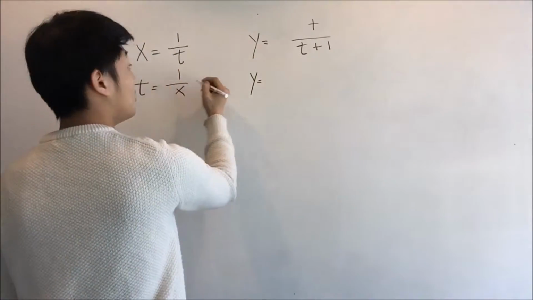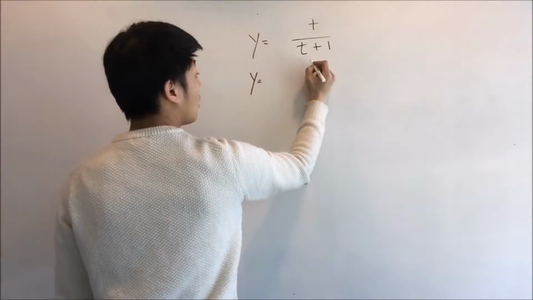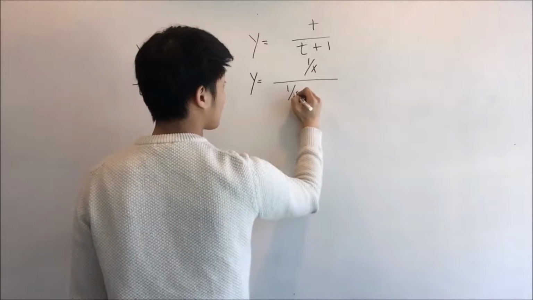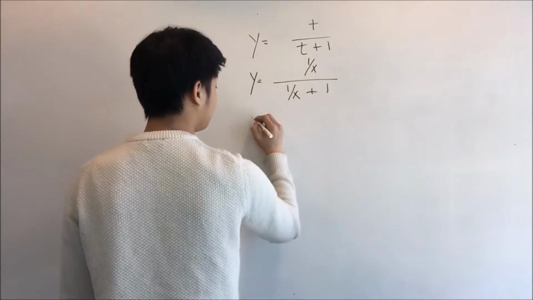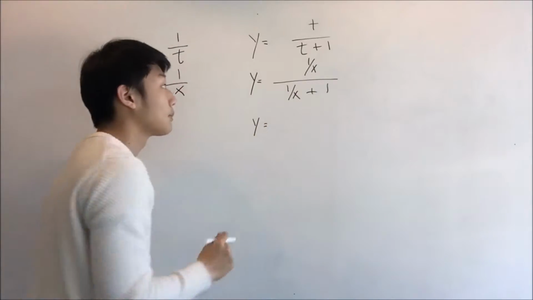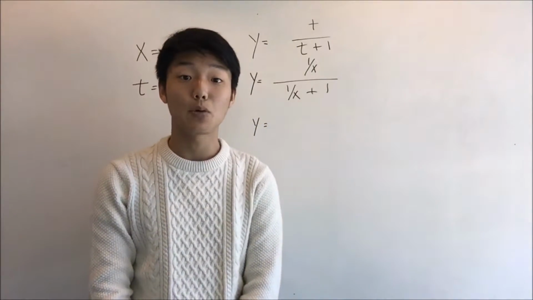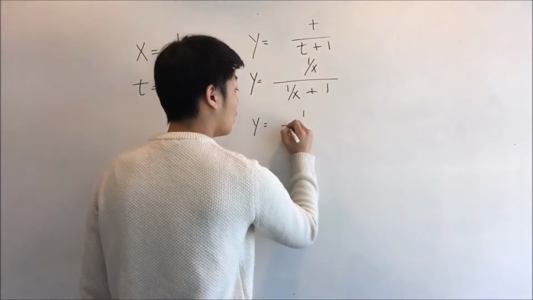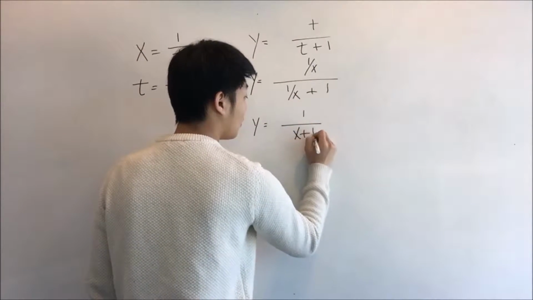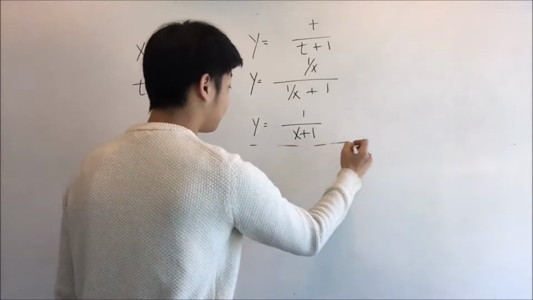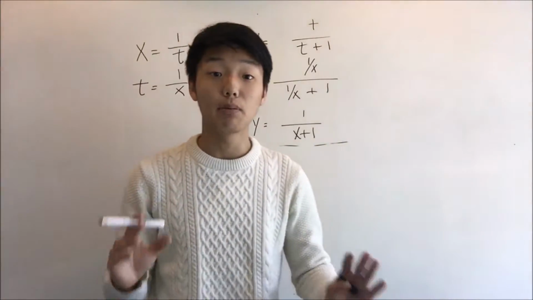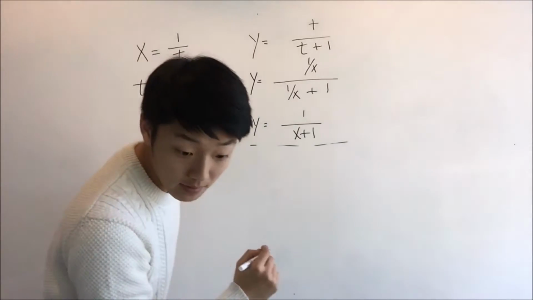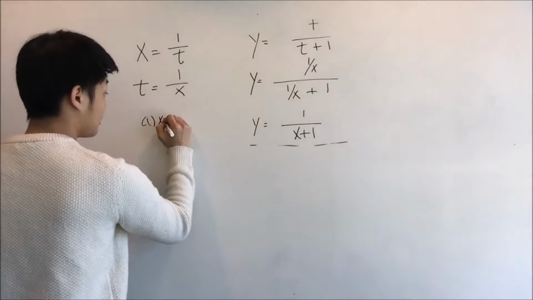Y equals (1 over x) over (1 over x plus 1). If we simplify this equation, we will get 1 over x plus 1.